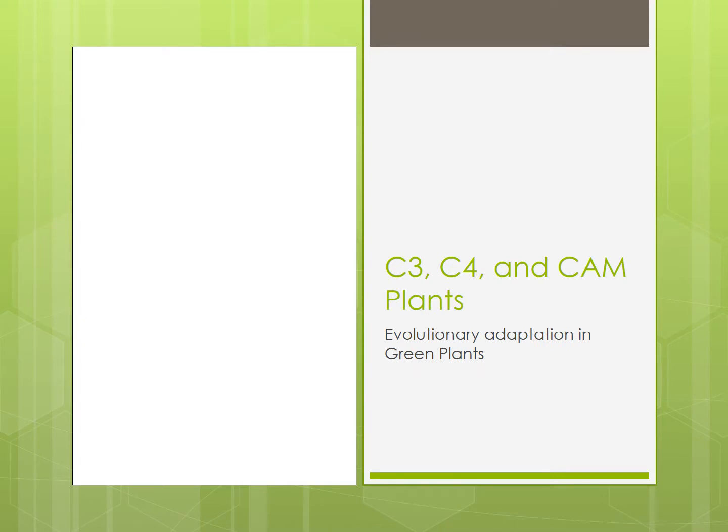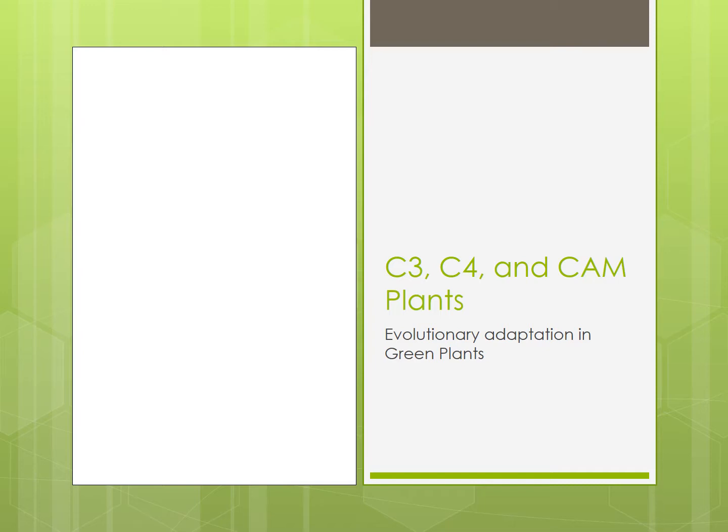So we need to account for that. And to do that, we have different types of photosynthesis: C3 photosynthesis, C4 photosynthesis, and CAM photosynthesis. I have to go back and write a section on CAM plants. But the idea is C3 starts out with a 3-carbon molecule, C4 with a 4-carbon molecule.